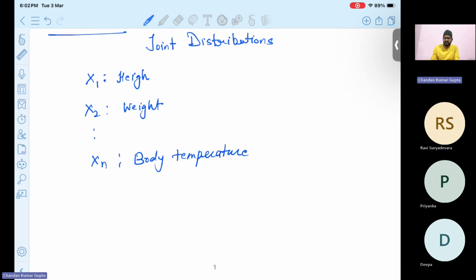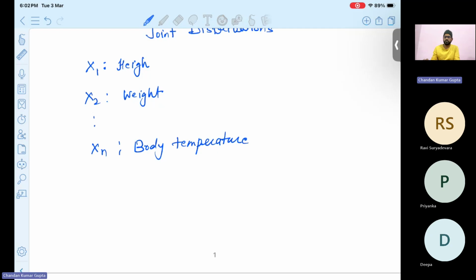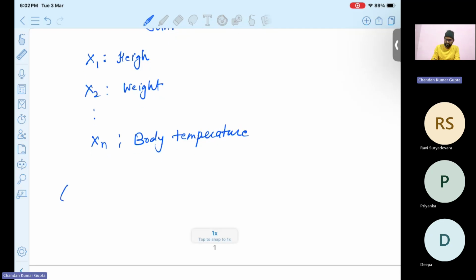Now, in today's class, we will discuss two or more than two random variables together. Suppose we take x1 and x2. We have considered two random variables together, and this is called a jointly distributed random variable.